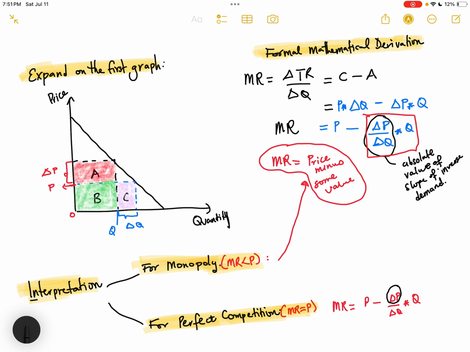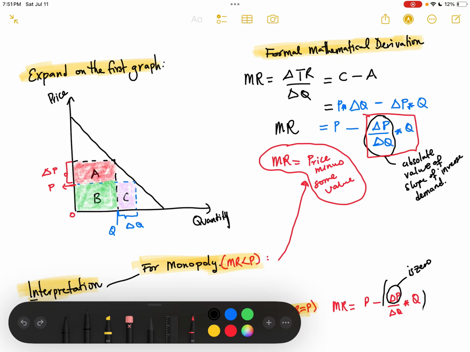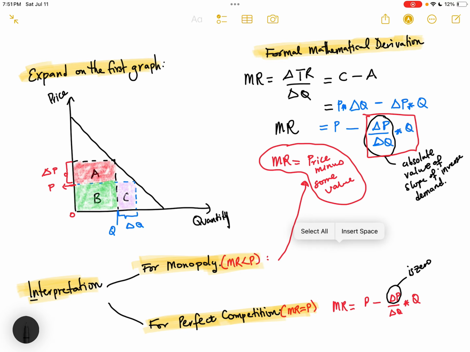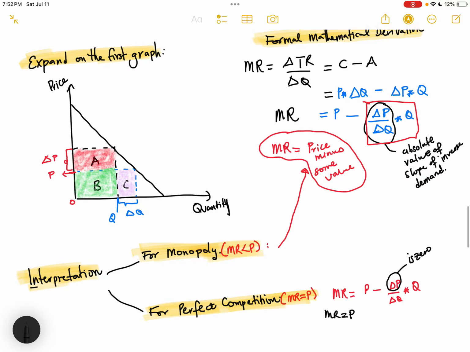And so for perfect competition, change in price is zero. So all of this will be zero. If change in price is zero, then the numerator is zero, divided by Q, it's zero. Divide that by change in Q, it's zero. Multiply that by Q, it's zero. And so marginal revenue equals price for perfect competition, because in perfect competition, firms are price takers.